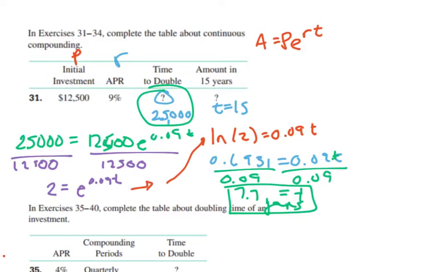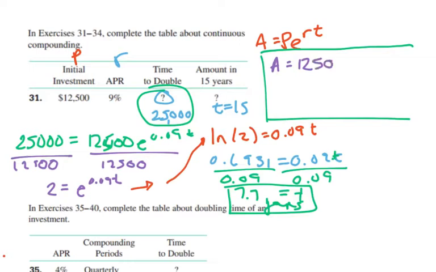Alright, the next one wants the amount in 15 years. So over here, we're just going to solve. We take A, which we don't know, we're trying to find it, equals 12,500 multiplied by e raised to the R, which was 0.09, and then T now of 15.